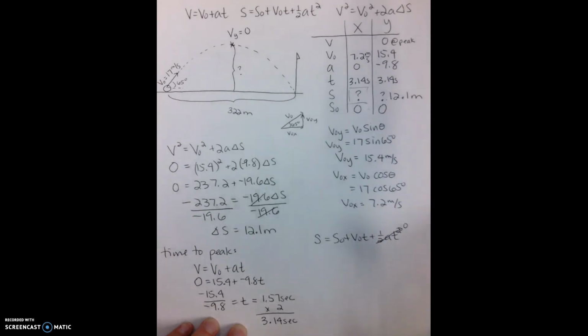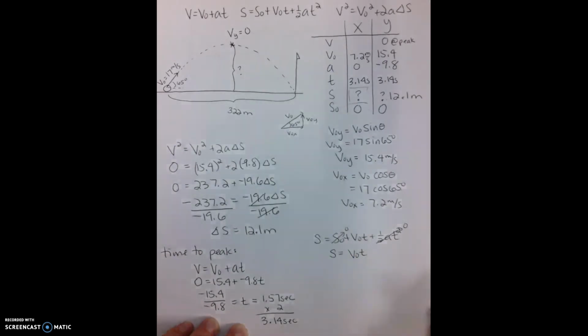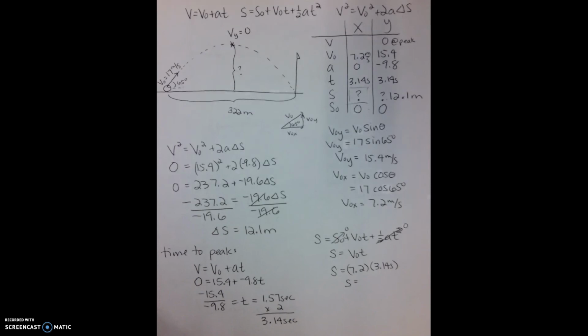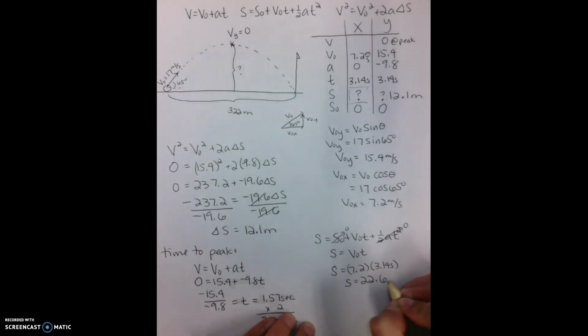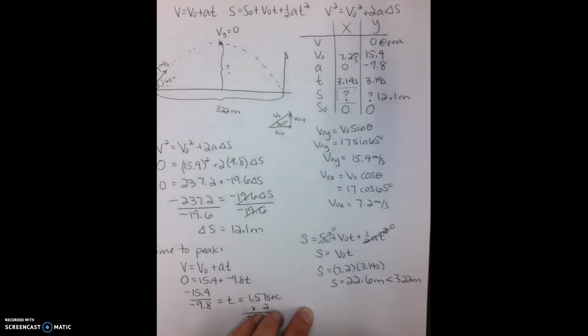And I'm claiming the initial position is 0, so that term drops out. So S is equal to V0t, which is 7.2 times 3.14 seconds, and I get 22.6 meters. This is much less than 322 meters, so I really missed the hole. I need to work on my golf game.